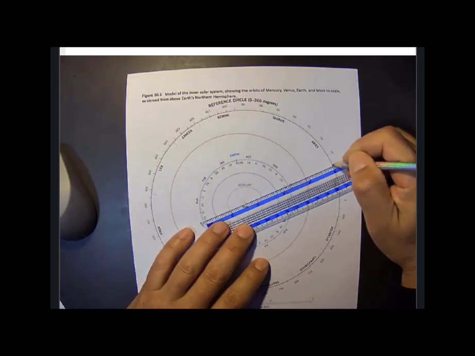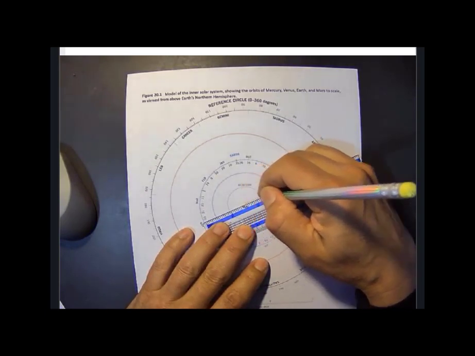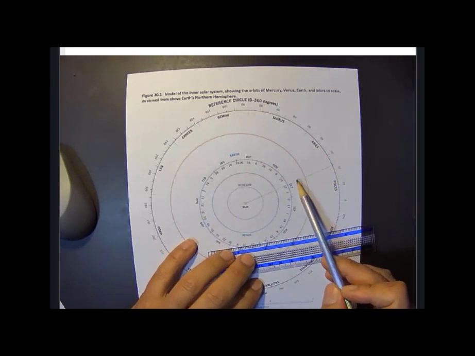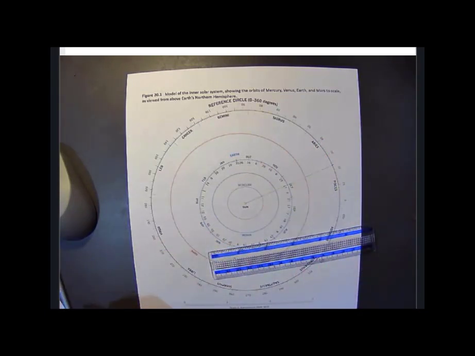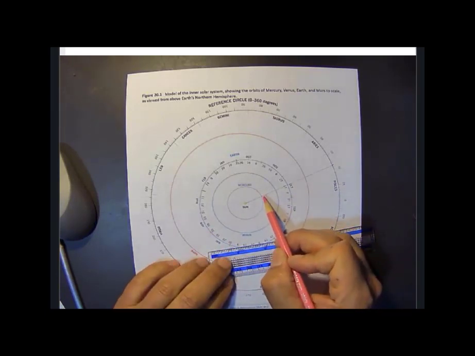And you can draw a really faint line because you don't really need that. That's only for your guidance to where you're going to plot. And where that line crosses the orbit of Mercury, that's where Mercury will be on March 22nd.